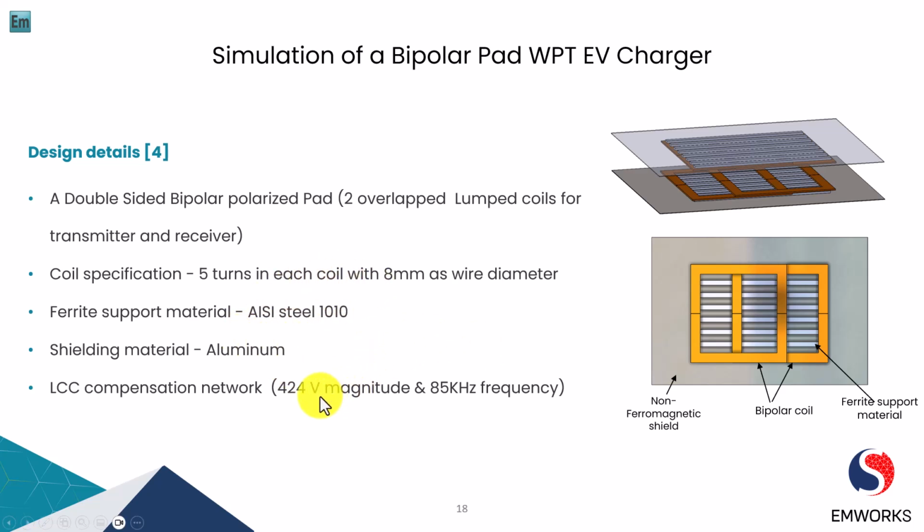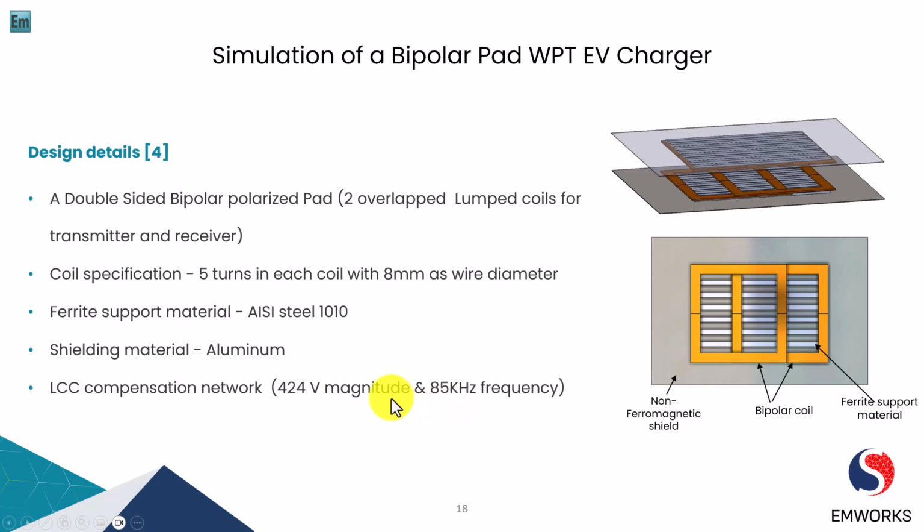To ensure the system operates at maximum power and efficiency, we will analyze an LCC compensation network with a voltage magnitude of 424 volts and a frequency of 85 kHz. The simulation will be performed using EMS 3D, which can be solved within Autodesk Inventor or SolidWorks.